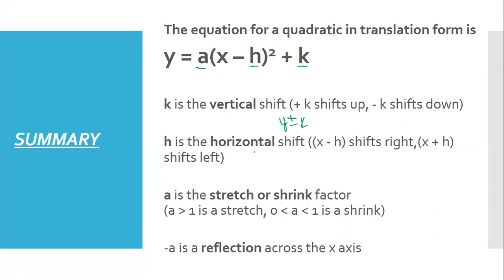Your h is your horizontal shift. You're going to either be going left or right. So it's affecting our x. So it's our x plus or minus our h value. A is the stretch or shrink factor. It affects your y. So it's your a times your y.